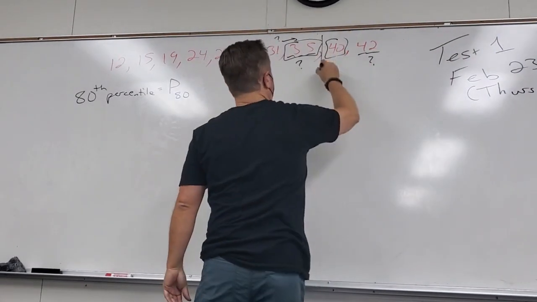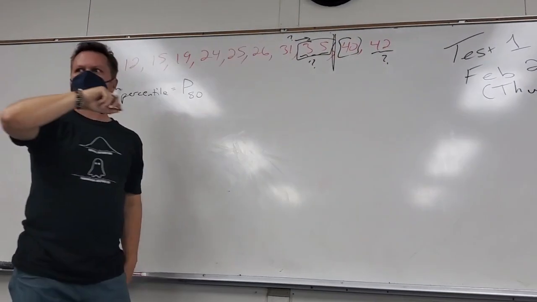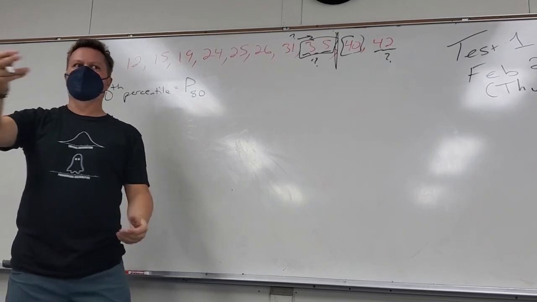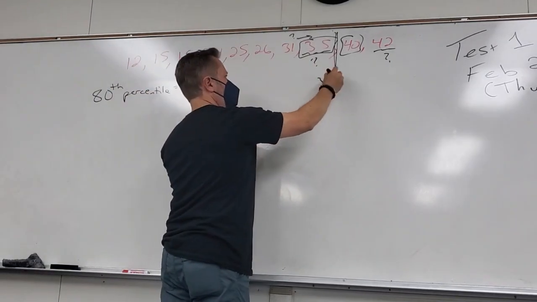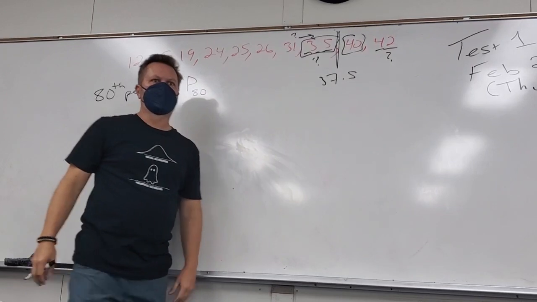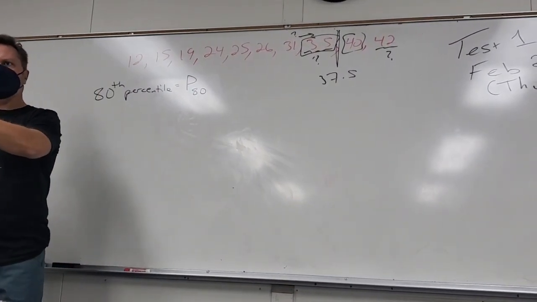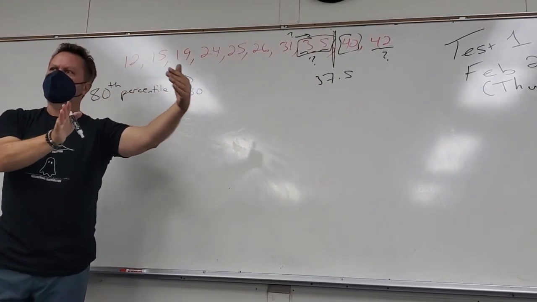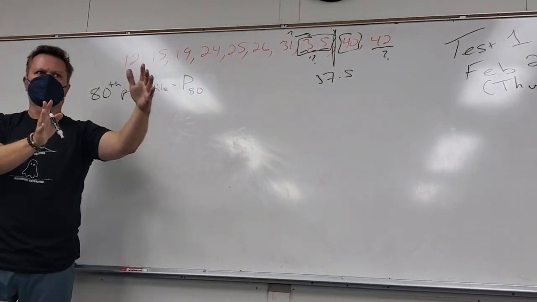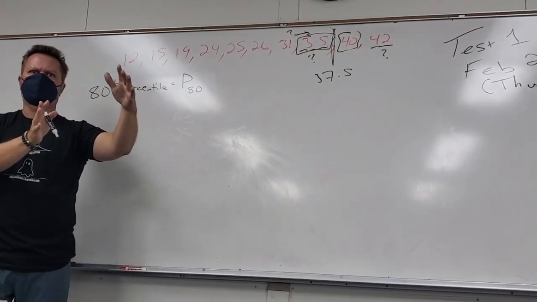It's the number right in the middle of those two. So 37 and a half. I really want that to make nothing but sense. 37.5 has 80% of the data below it and 20% above it. Is that cool? Okay, I like it.